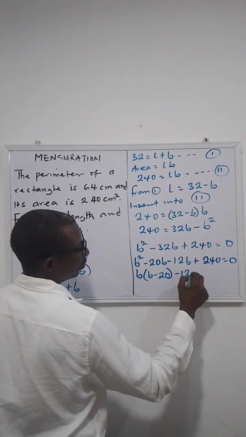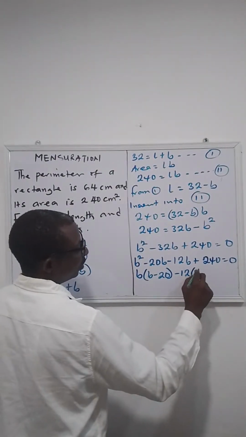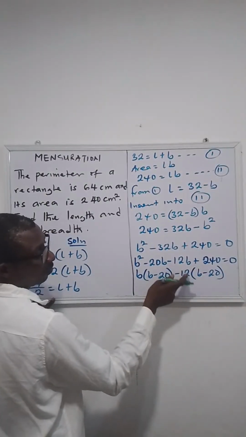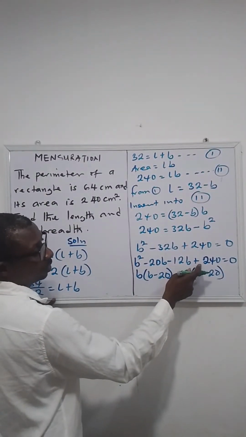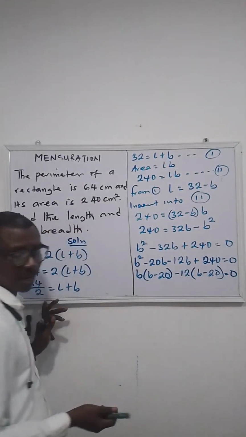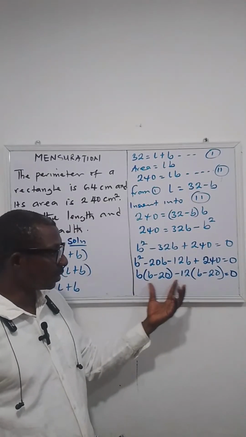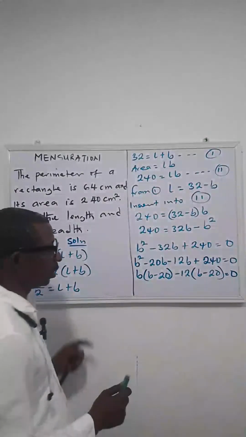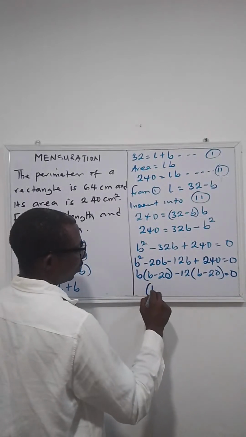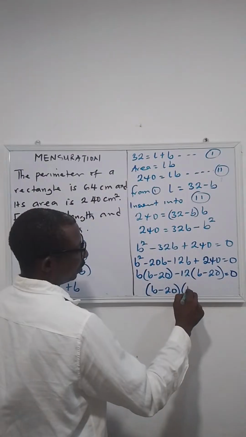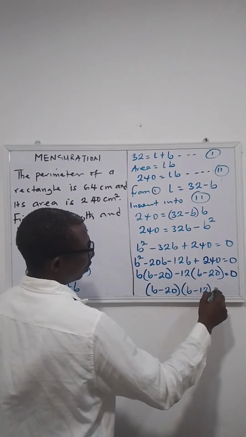Don't forget the sign has to change because you factor out a negative number. And in most cases, if you are doing the right thing, what you have in this bracket and here must always be the same thing. So now I have b minus 20, b minus 12 equals to 0.